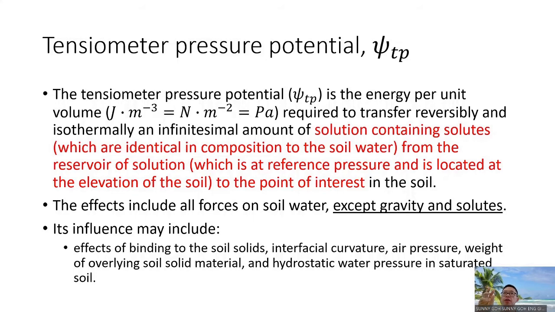Therefore these tensiometer pressure potential effects are created, right? So we basically relocate the water that contains the solute from one location to another location in a horizontal direction, right? And this is how we create the tensiometer pressure potential.